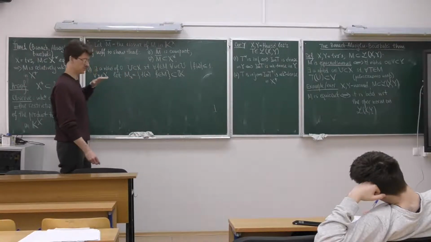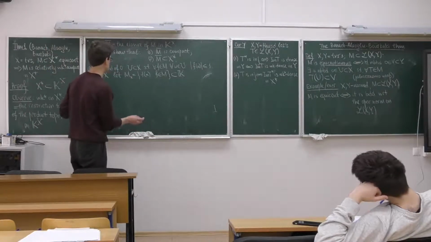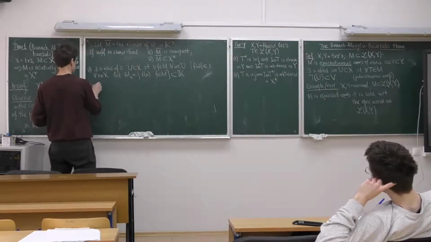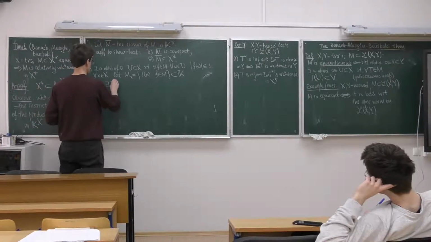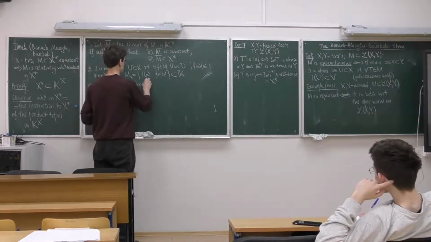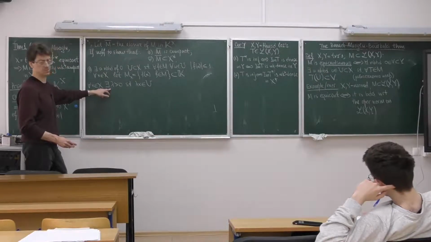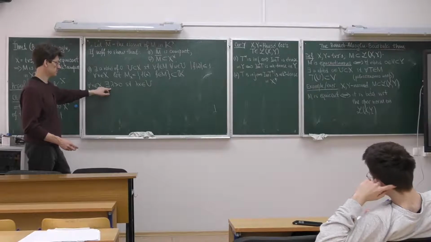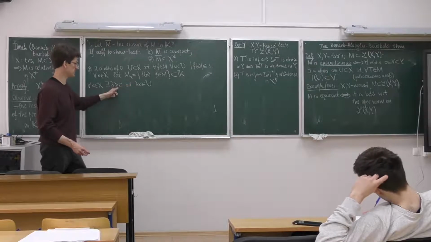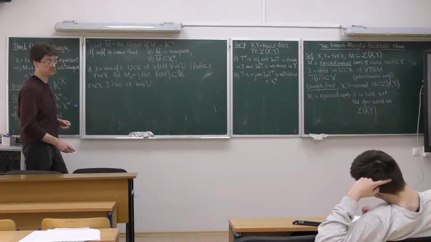I claim that Mx is bounded. Why is it so? Let's observe that for each x in X, you can always find a positive number lambda such that lambda x belongs to U. This is true by the continuity of multiplication by scalars. So if lambda goes to zero, then lambda x goes to 0. So if lambda is small enough, then lambda x will belong to an arbitrary neighborhood of 0.